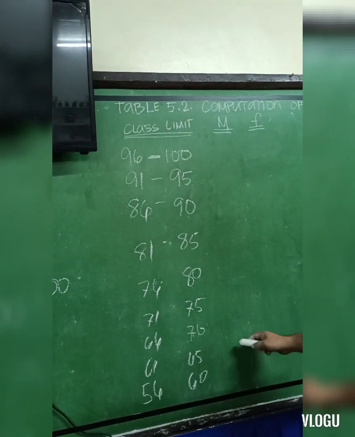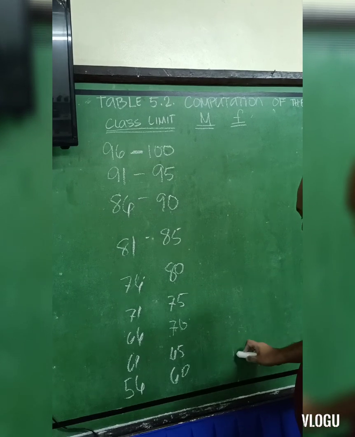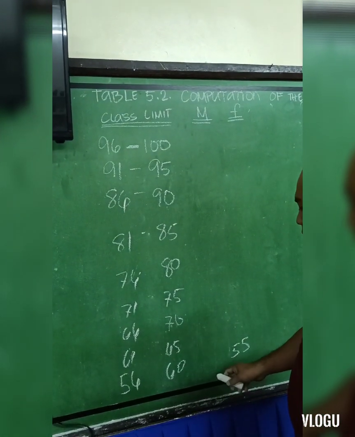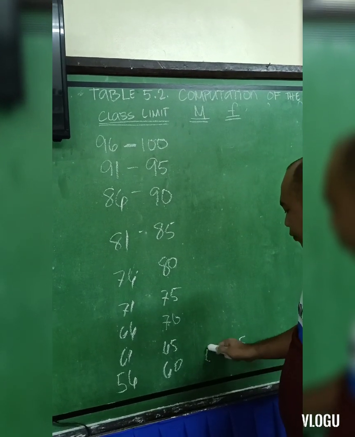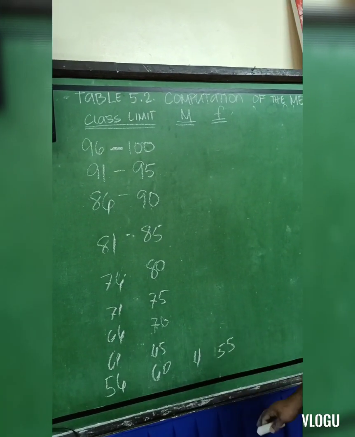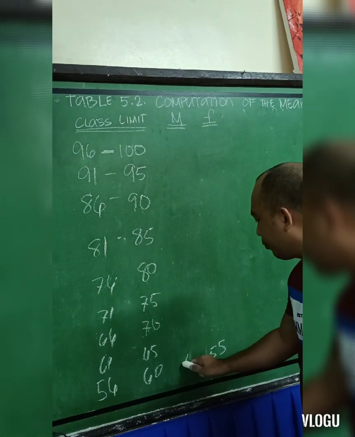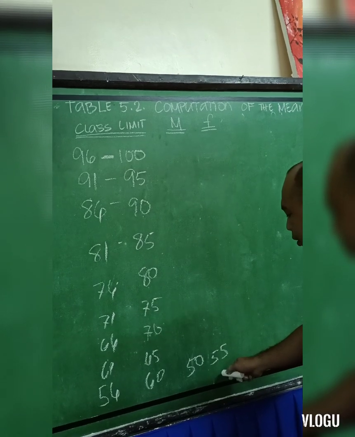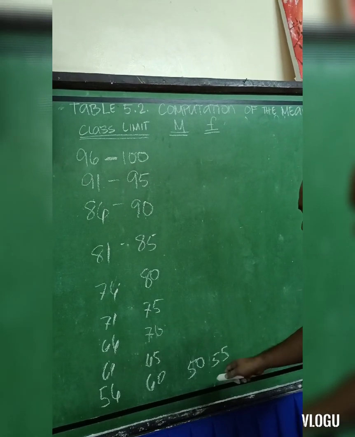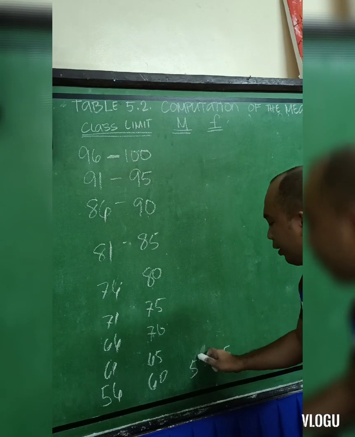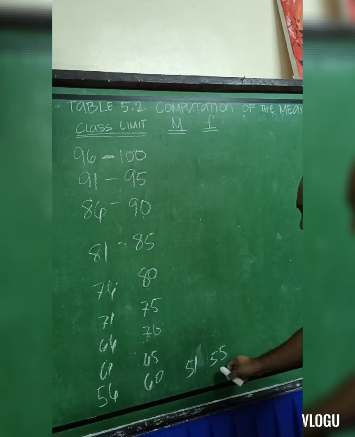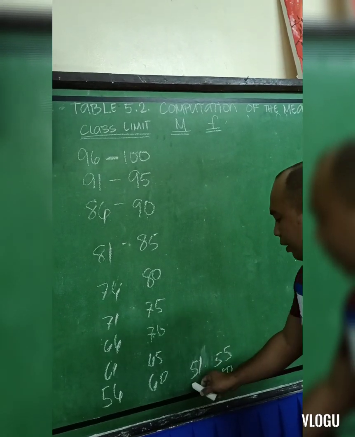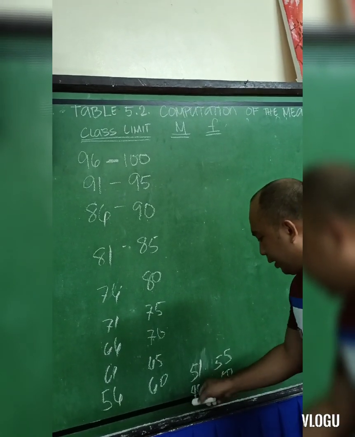60 minus 5 is 55. 56 minus 5 is 51. 55 minus 5 is 50, and 51 minus 5 is 46.